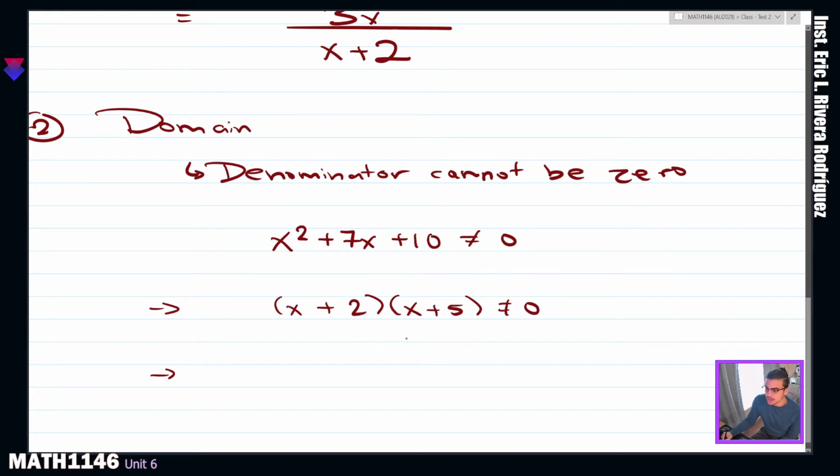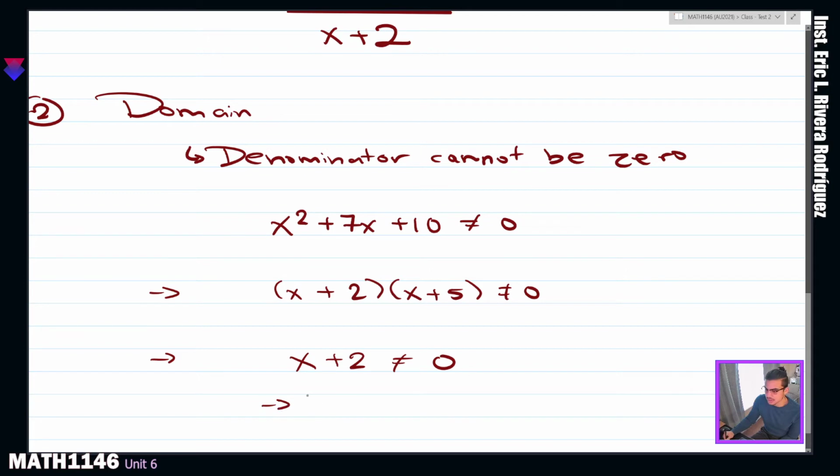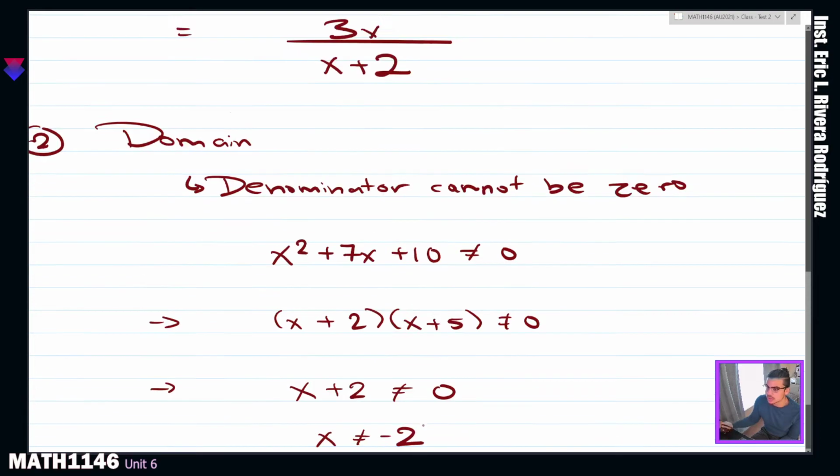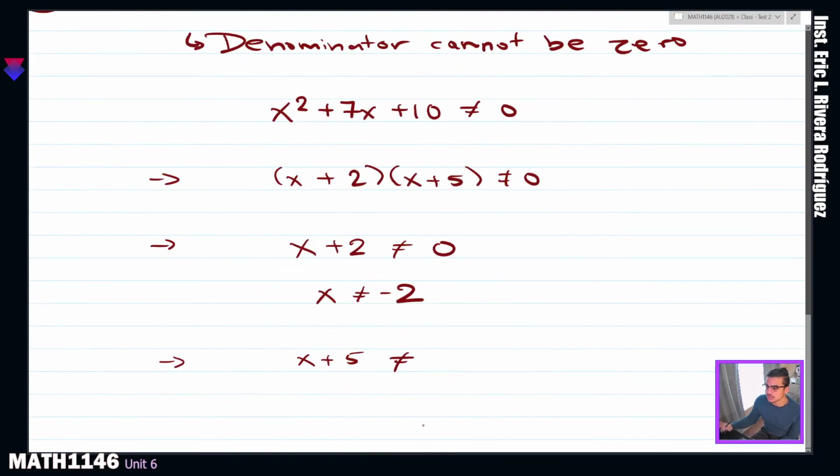All right. Again, we have a not equal sign here, but we are going to treat this as an equation so we can identify those x values. So x plus 2 can't be equal to 0, hence x can't be equal to -2, and the same for the other factor: it can't be equal to 0, hence x can't be equal to -5.